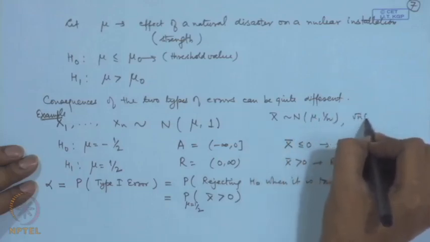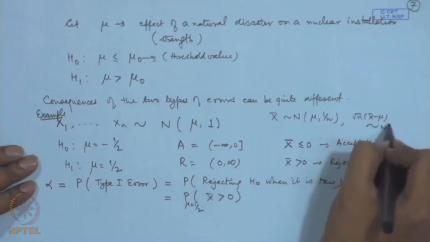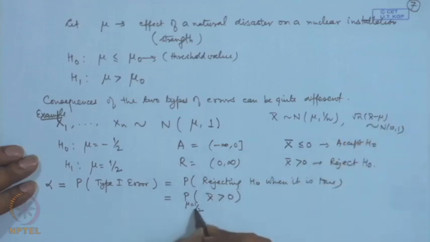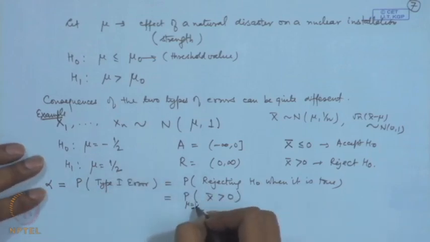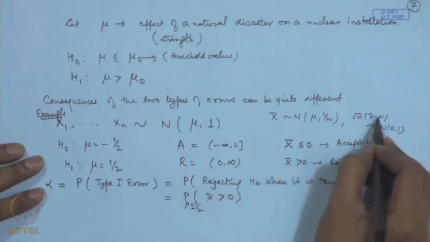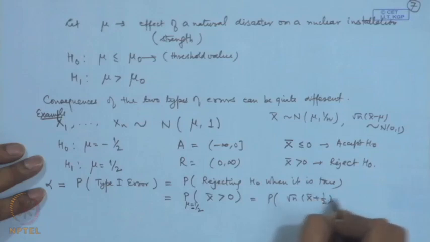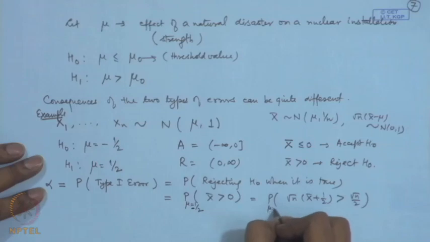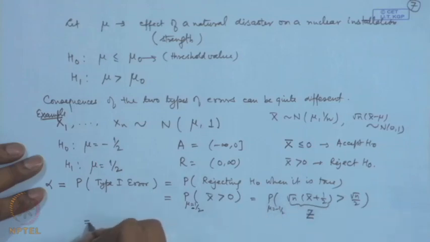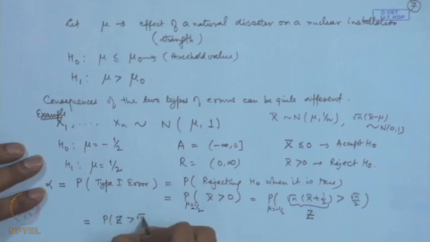So, root n (x bar minus mu) follows normal(0,1). So, when mu is equal to minus half, root n (x bar plus half) has a standard normal distribution. So, this is equal to the probability of Z greater than root n by 2.